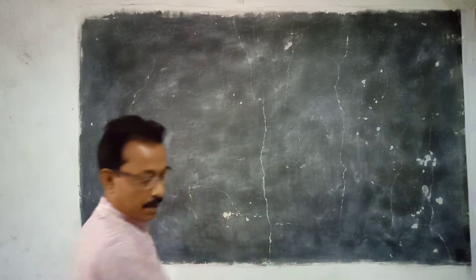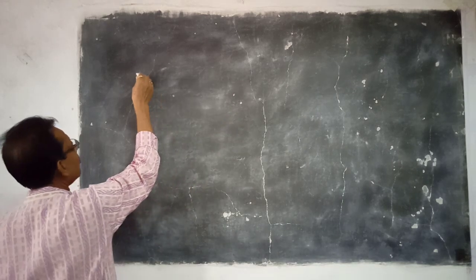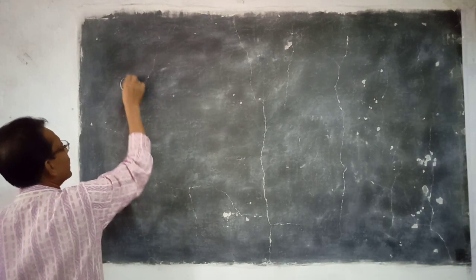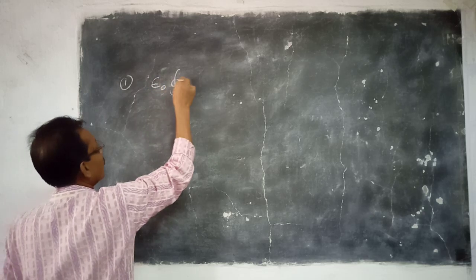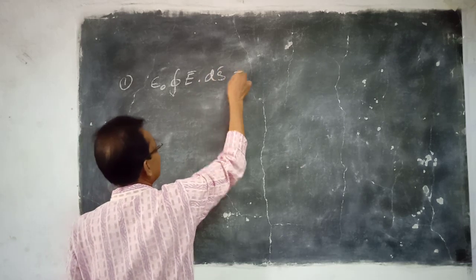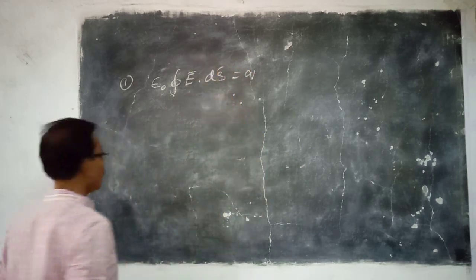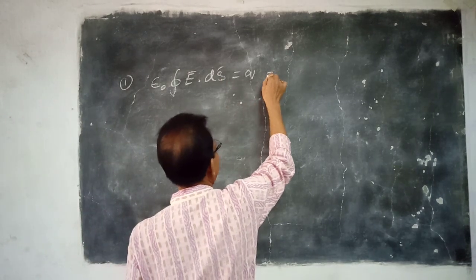Now let us consider first the Gauss's law in electrostatics. The Gauss's law is epsilon 0 closed integral of E dot ds is equal to q. What is q? Q is the charge.